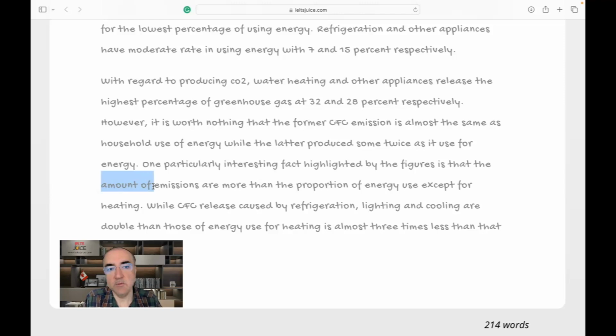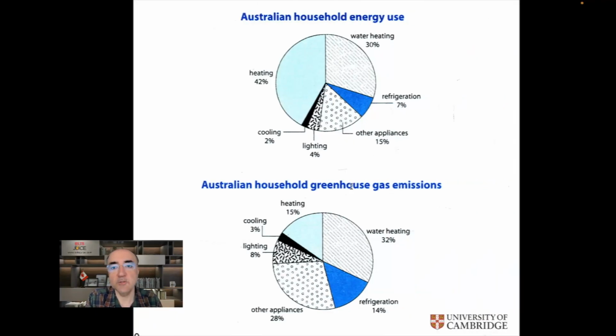The amount is just one number, and we're talking about the amount is more than the proportion of energy use except for heating. So except or apart from heating, the other figures are more than the proportions.